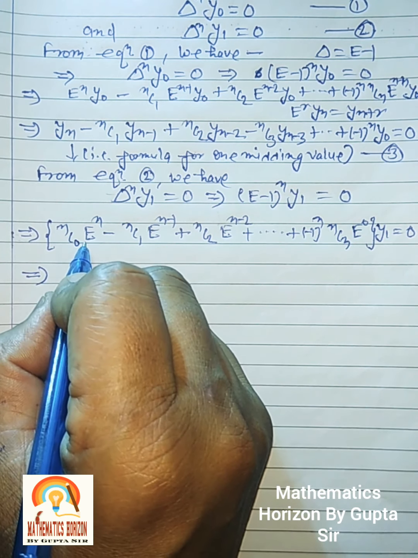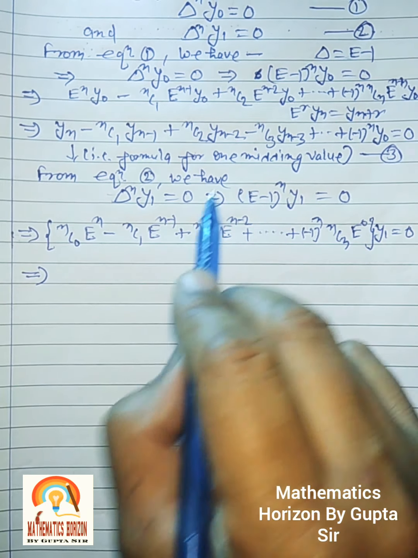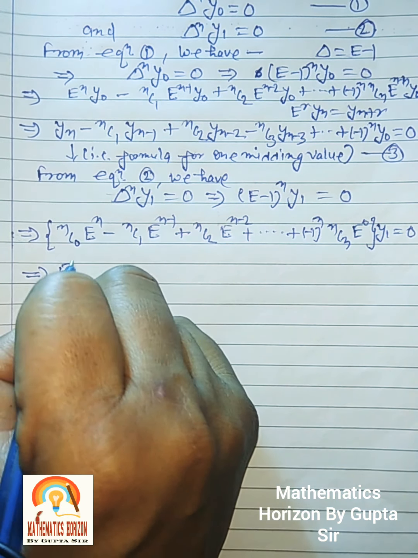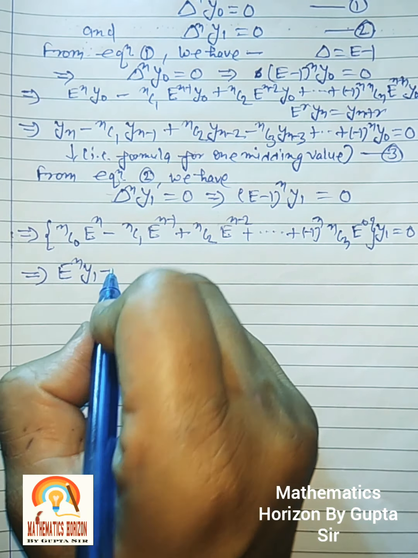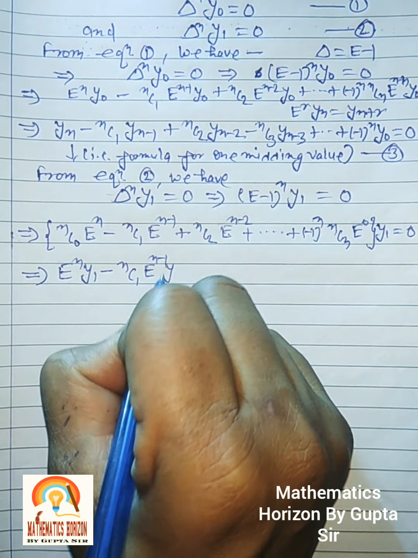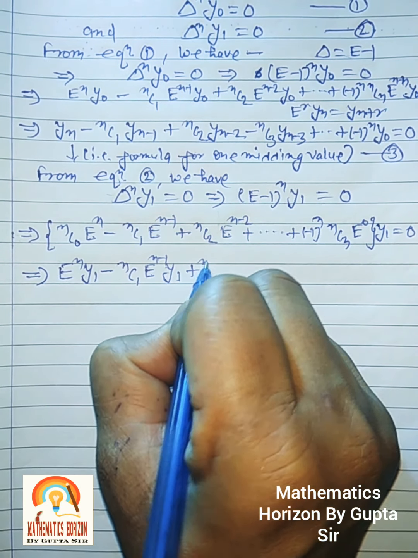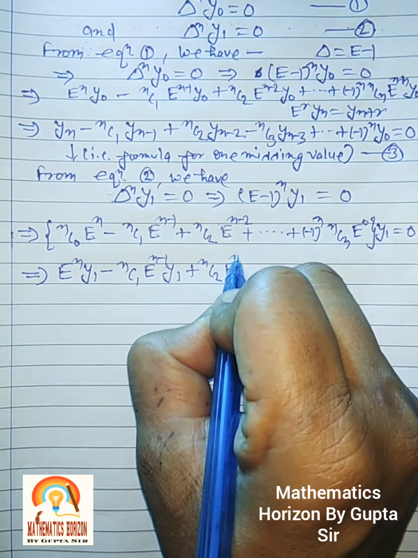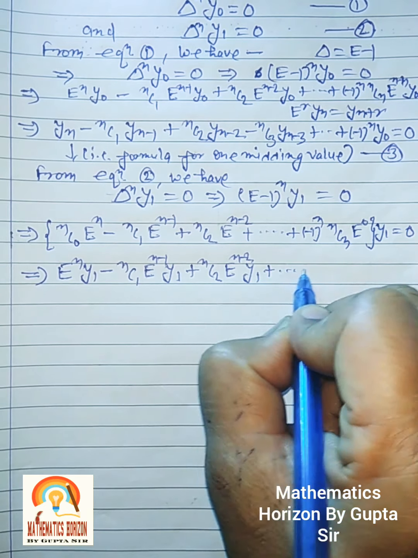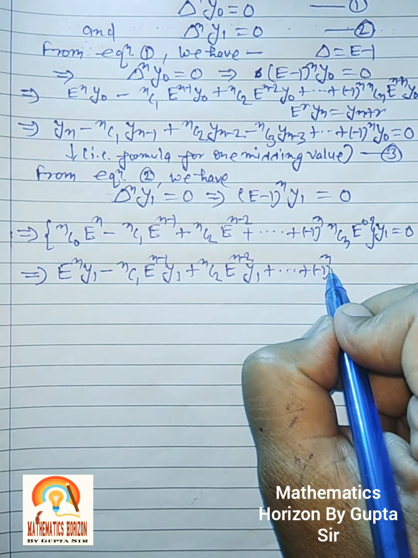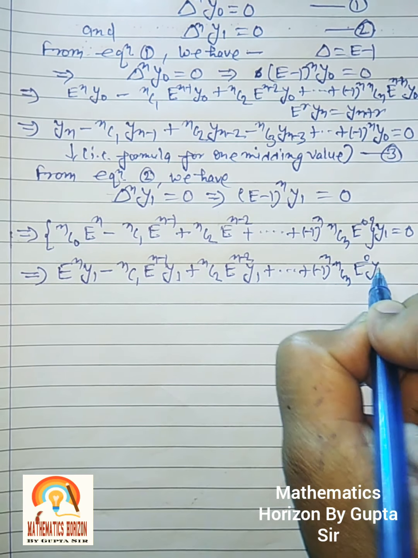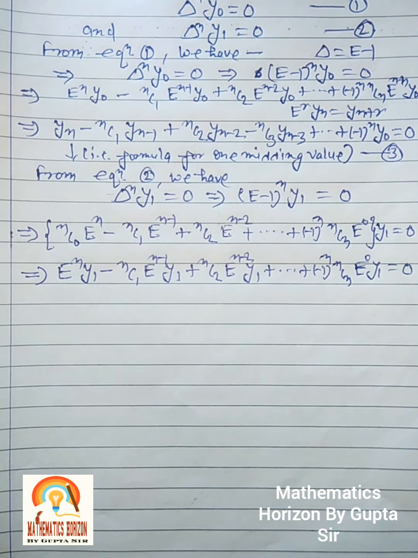nC0 means 1, and E^n y1, when we apply this shifting property, now what we write here: E^n y1 minus nC1 E^(n-1) y1 plus nC2 E^(n-2) y1 and up to minus 1 to the power n nCn E^0 y1 is equal to 0.